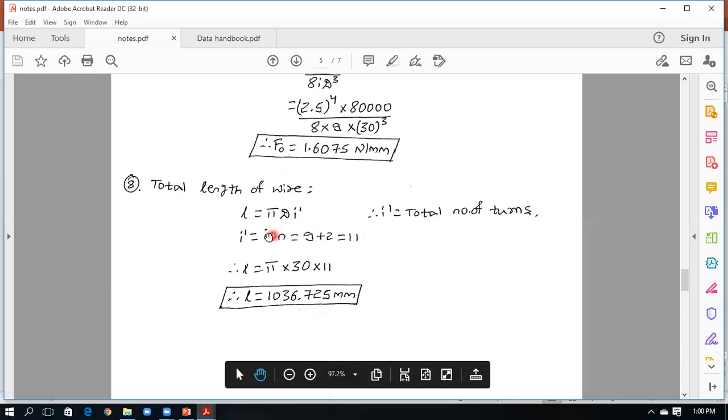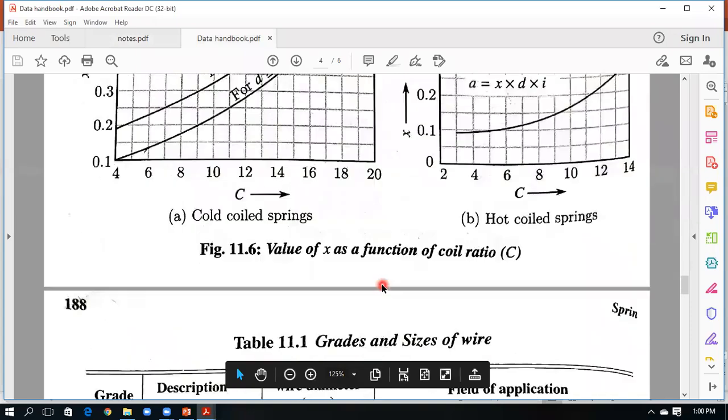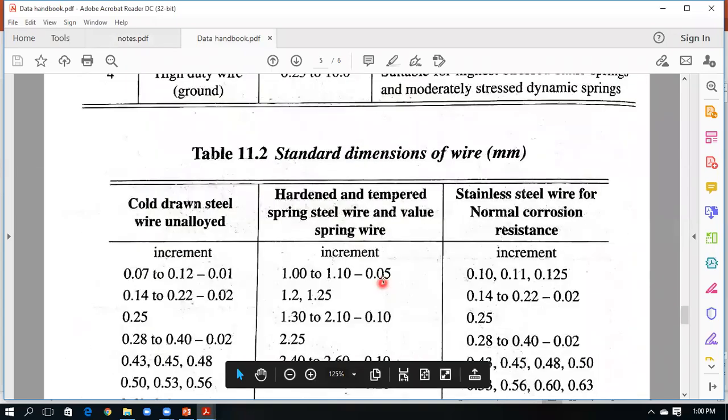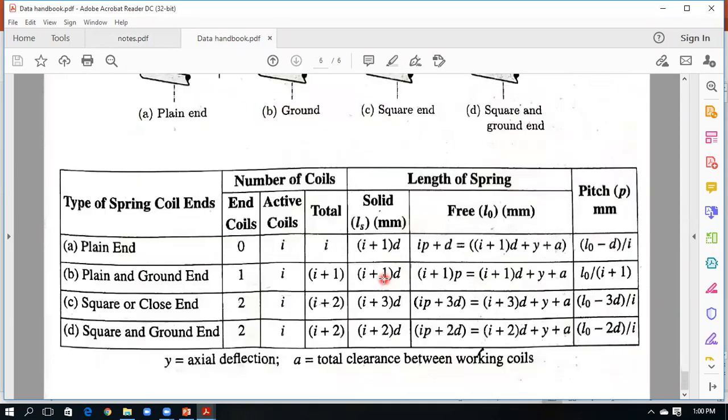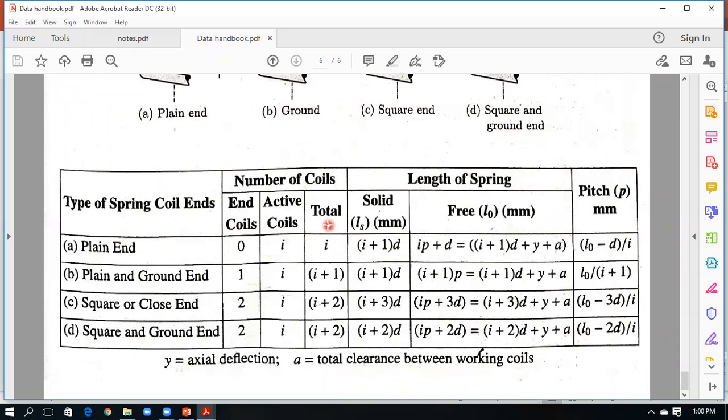Whatever the formula is there, I dash equal to I plus N. You will get this formula in the data handbook, 11.4 table. Here you can see that this is the total. This is end coil, active coil. Active coil indicates I, whereas total number of coils they will write as I dash.